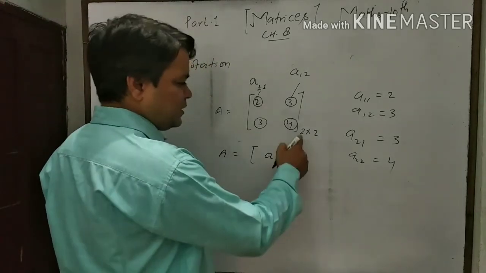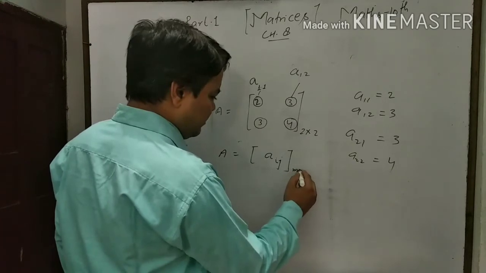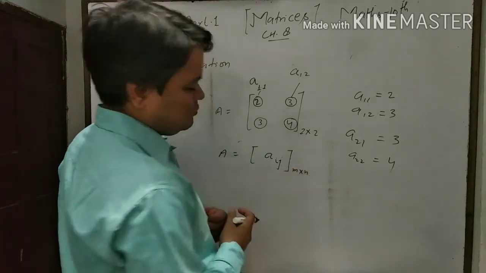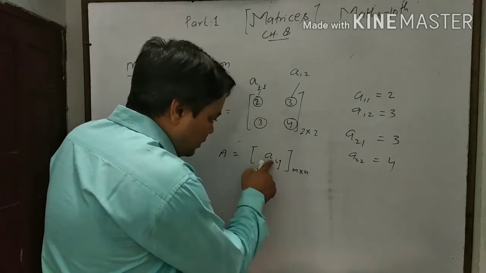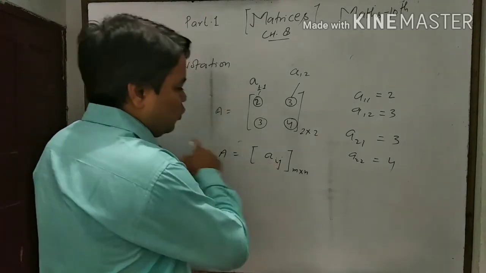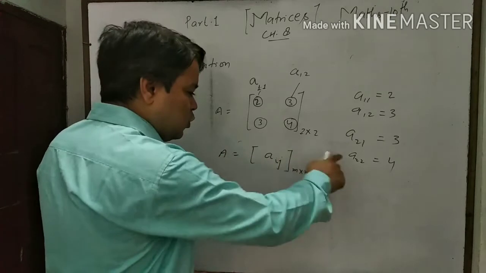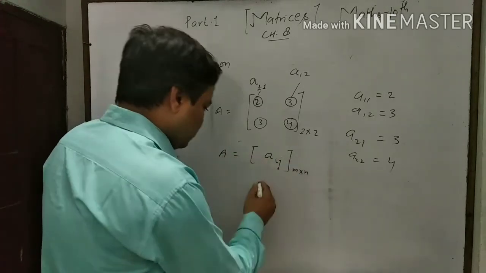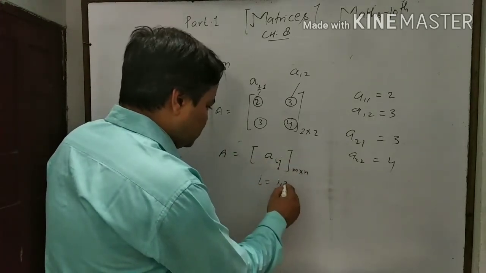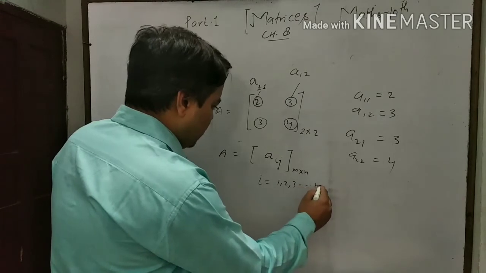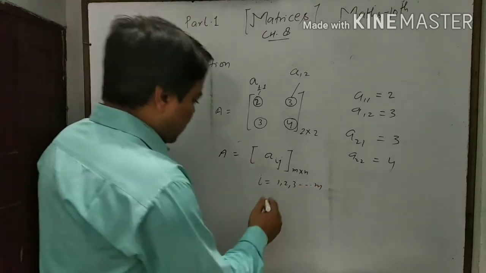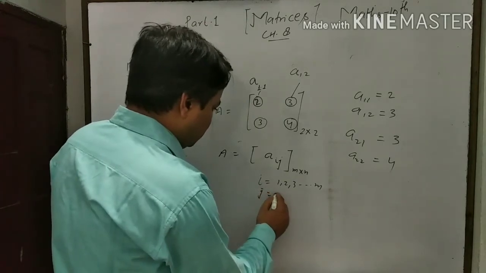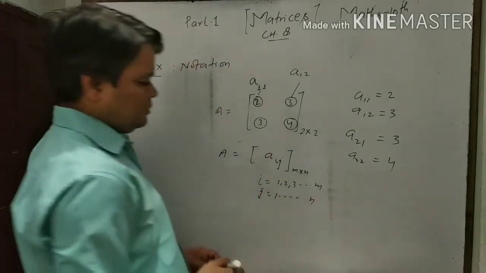Let the order of the matrix be m by n. Then the value of i will be 1, 2, 3 up to m, and the value of j will be 1 to n.